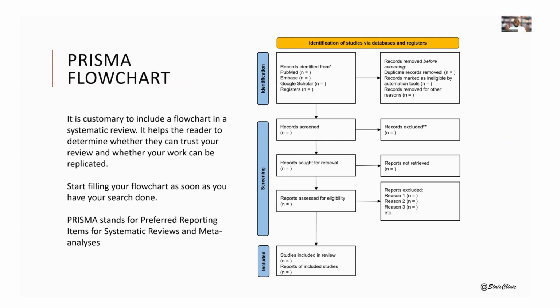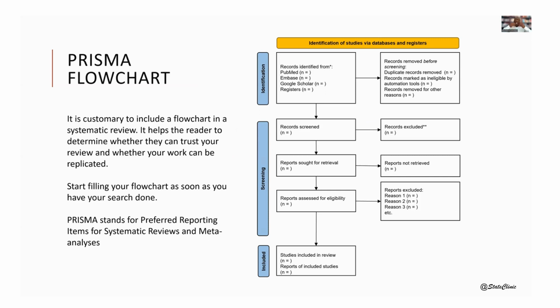So because this is a meta-analysis, your study population essentially is a number of studies, not individuals. So you want to be able to show from the point where you went after you've identified your databases and registers and you constructed your search strategy.